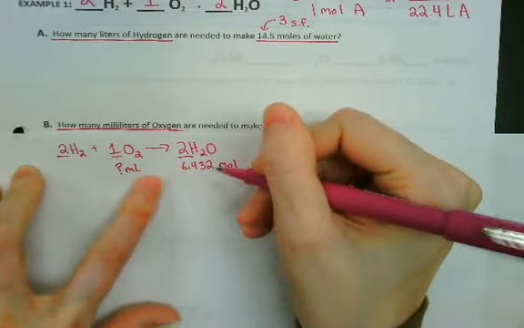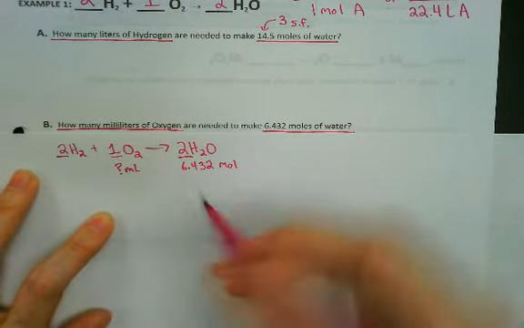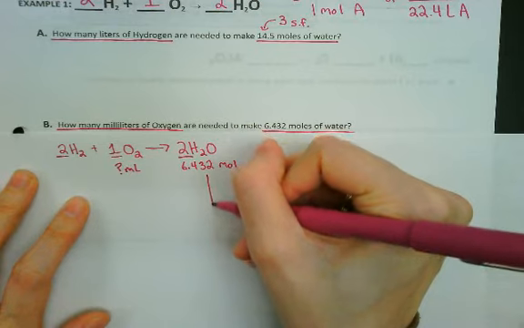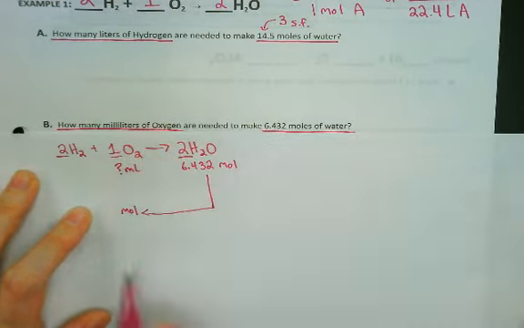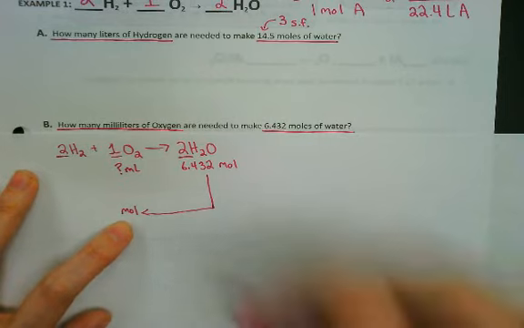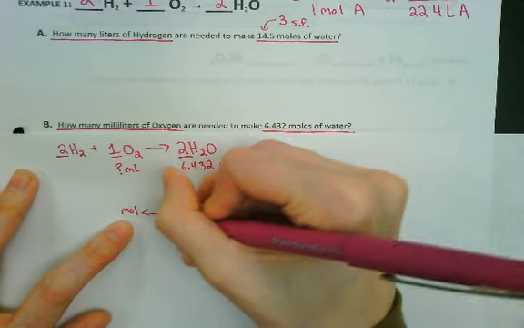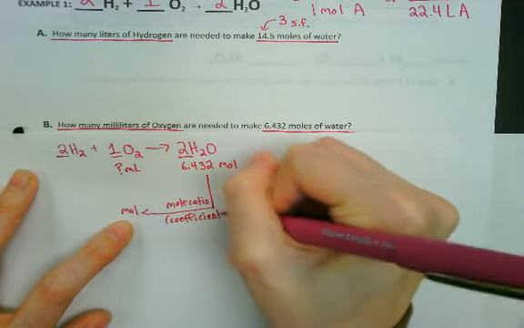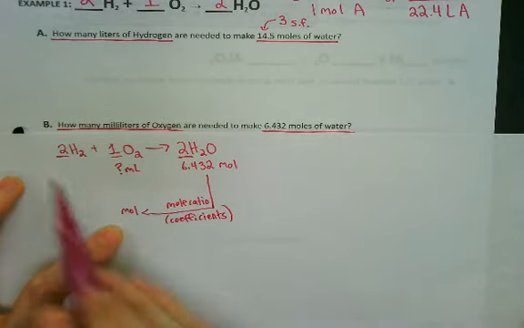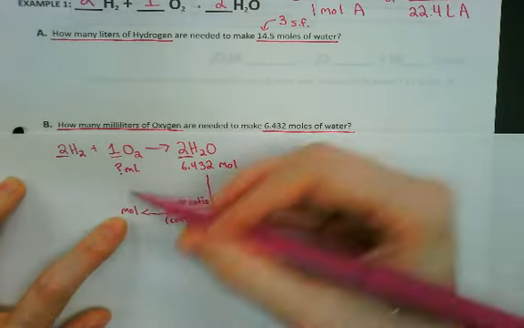I can go from moles of H2O to moles of oxygen. We can convert between moles in our reaction. So one step, if I use a mole ratio, which is going to be created with my coefficients that I put in front of my compounds and elements, I can convert from mole to mole.